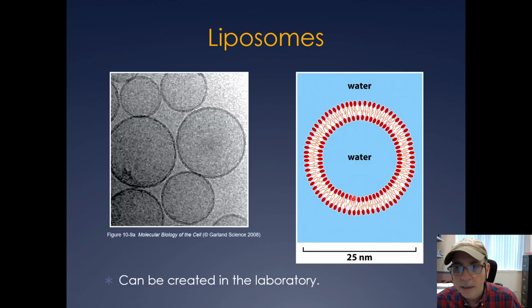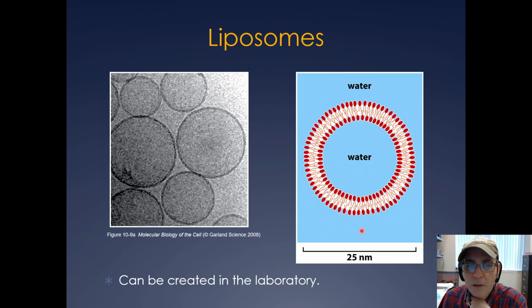And to give you a better idea of that, you can actually generate these spheres in a lab called liposomes, where you basically take phospholipids and mix them together, and they're going to make these spherical, empty balls of lipids, where you're going to have water on the outside and water on the inside, and then your lipid bilayer in the middle.